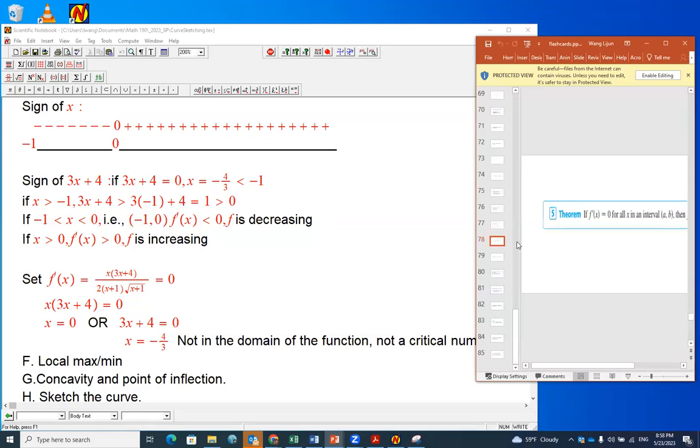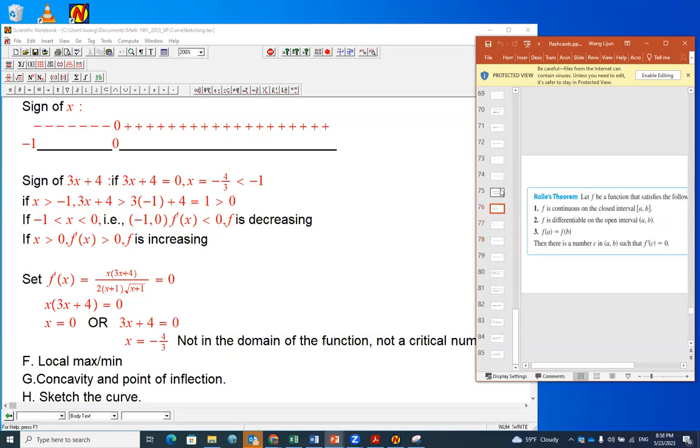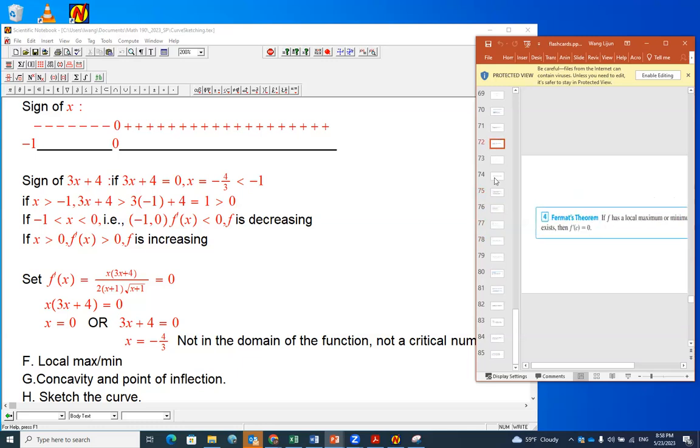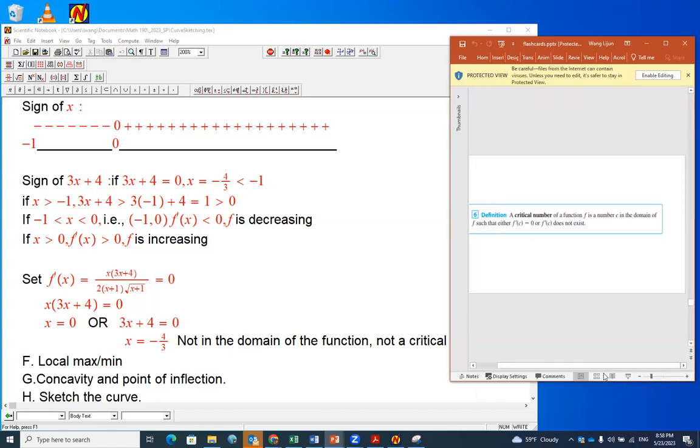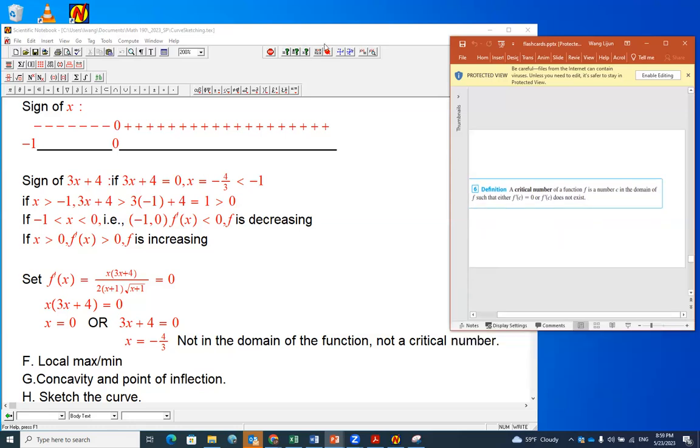Okay, we have the definition of critical number here. I'm going to share the screen with you so you can see it. Do you see that?